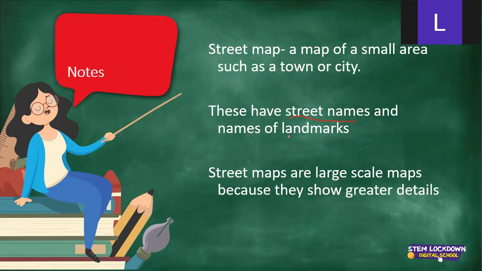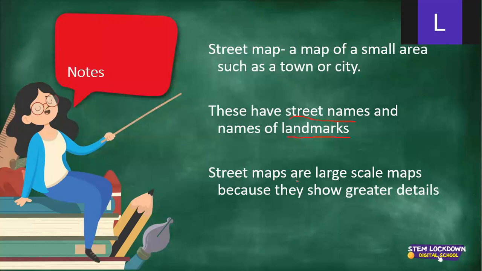When I say a landmark, I'm saying something that is observable from far, something that is known. Maybe there's a big building in town. Maybe there's a library in town. So those are the kind of landmarks that I'm talking about, buildings that have been there for a long time.